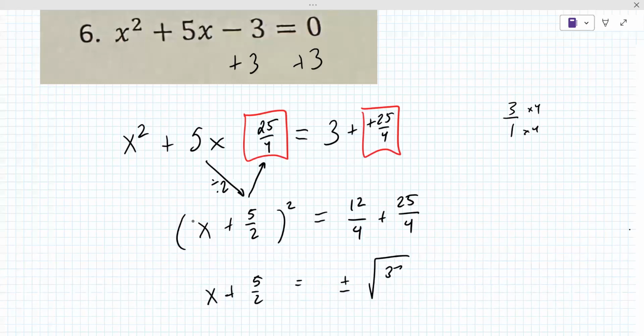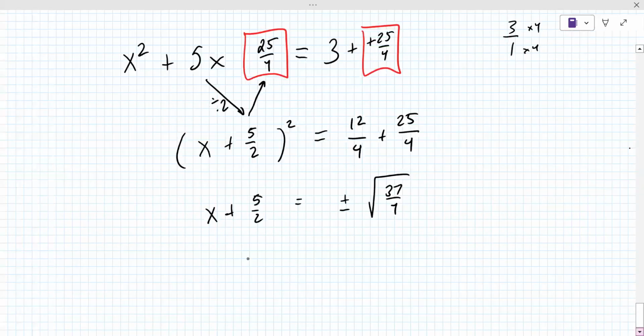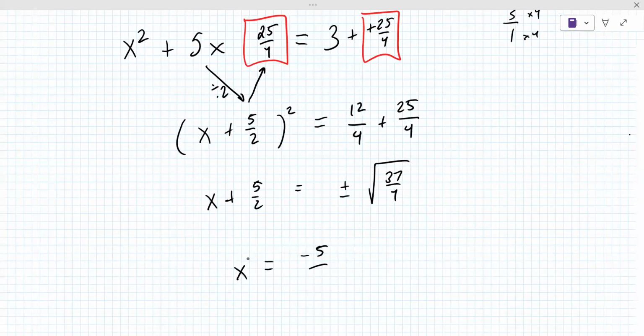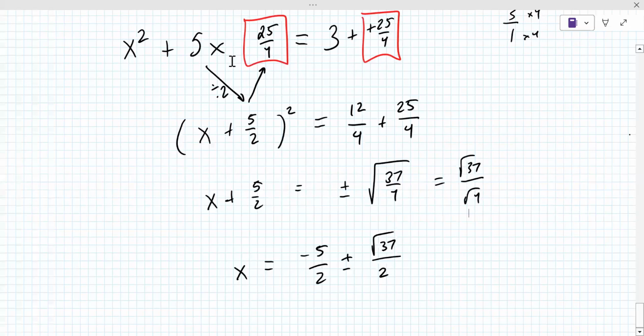So x equals negative 5 halves plus or minus the square root of 37/4. You can take the square root of the top, and the bottom is a nice number, so it's the square root of 37 over 2. Okay, so go ahead and calculate those two for us, please.